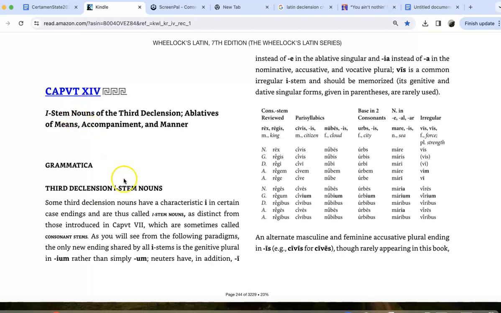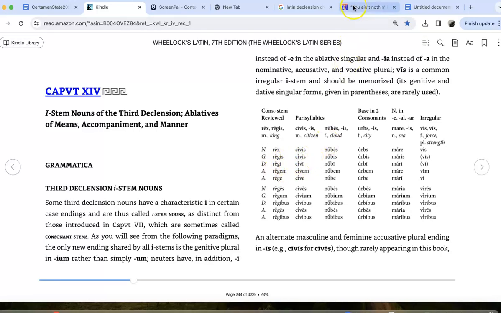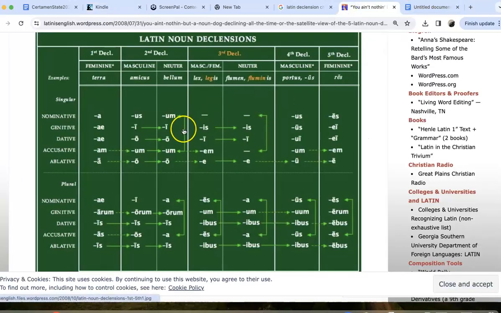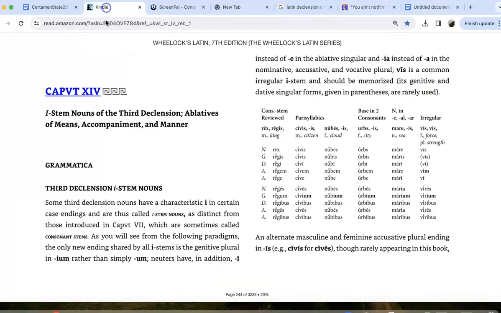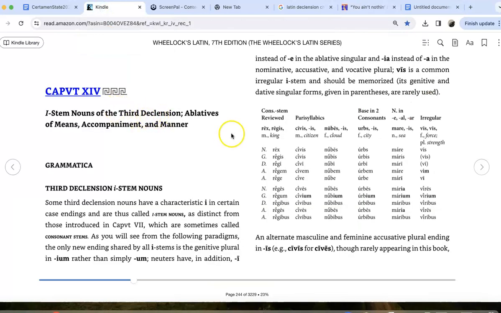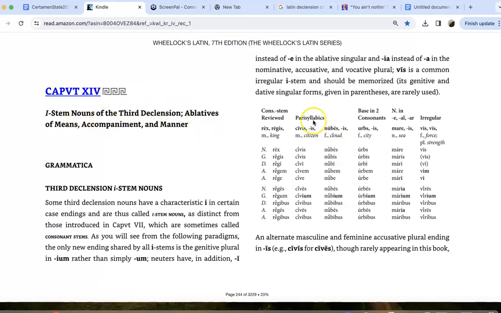You should be comfortable by now with the fact that Latin is an inflected language and it's all about the endings in terms of being able to identify the meaning of words and syntax, grammar, and translation. So this topic's no different, except we're focusing on third declension adjectives that have an I stem.